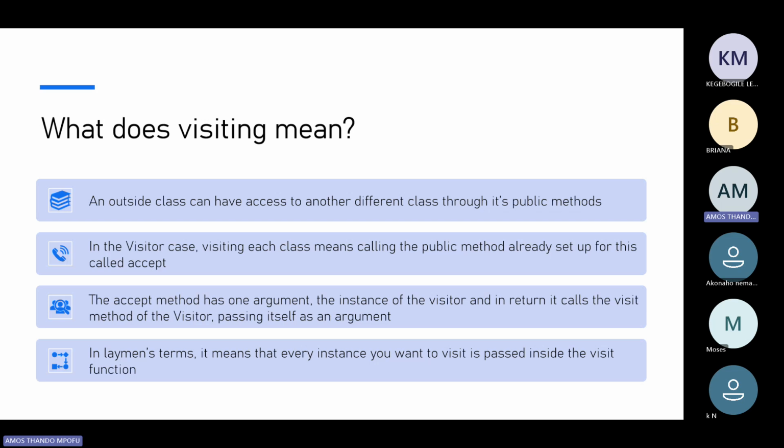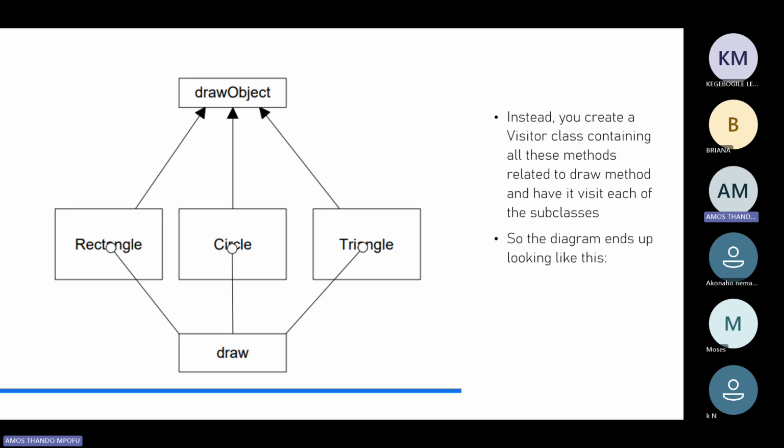It's kind of vague the way I put it there, but what it means is that you have this visitor, and then these are the people being visited, right? They can choose whether to accept that visit or not. So therefore, they're going to have accept methods.